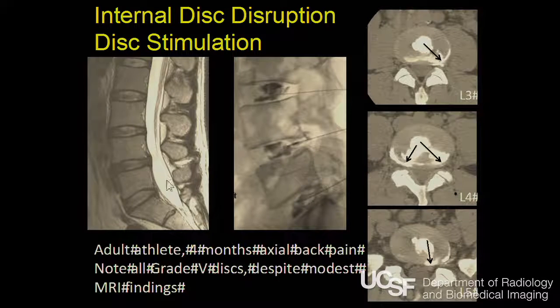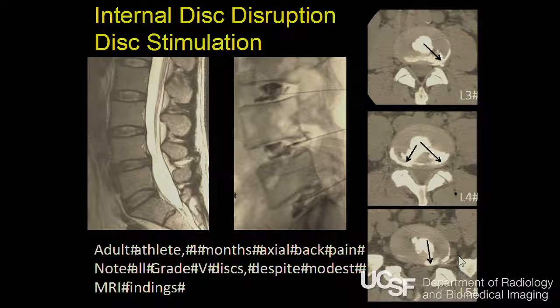The MRI shows relatively minor degenerative disc disease at 4-5. But when you look at the corresponding discography images, you can see that all of the discs injected had high-grade radial fissures that extended into the epidural space with leakage of contrast into the epidural space and neural foramen.